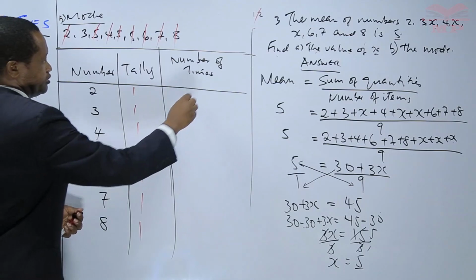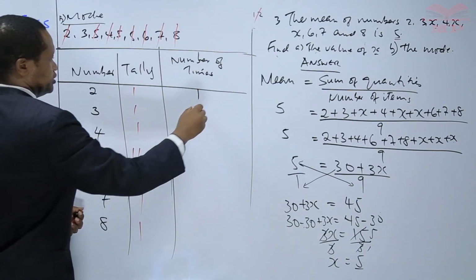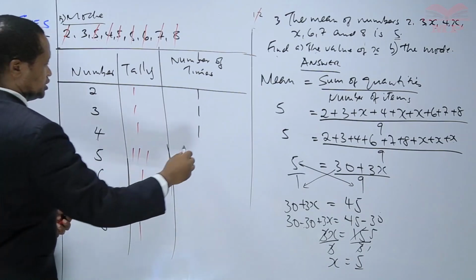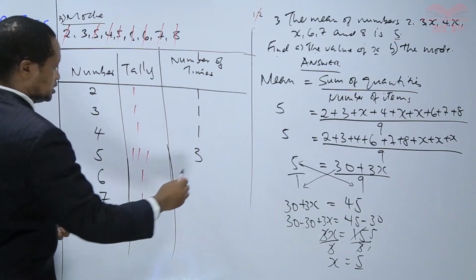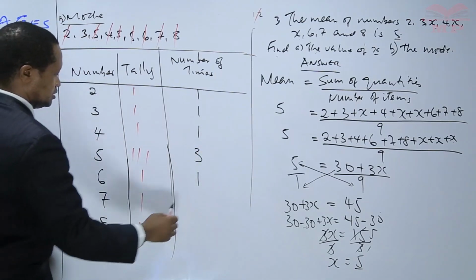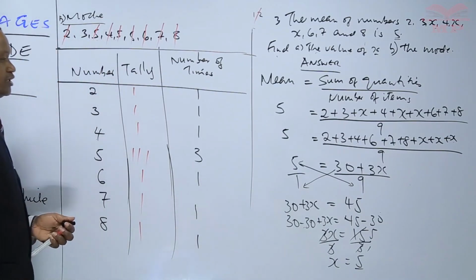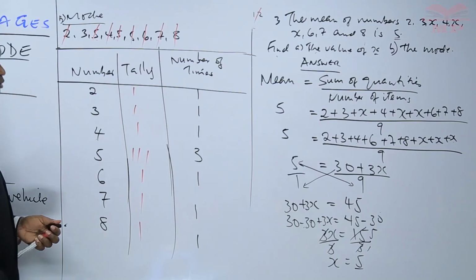So we can now get the number of times. This is just 1. We write 1. Again 1. Again 1. It's 3. We write 3. Then 1, 1, 1. So number of times.